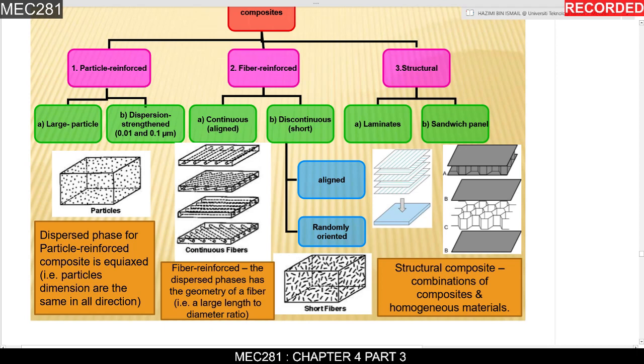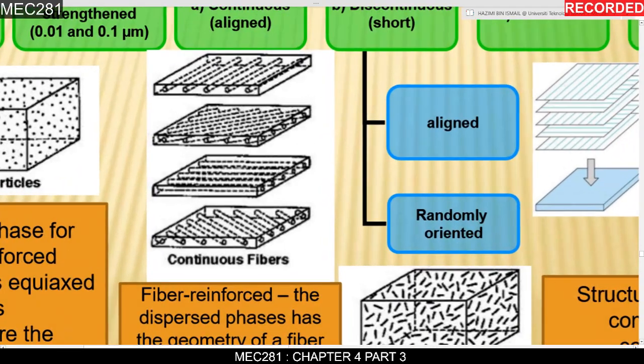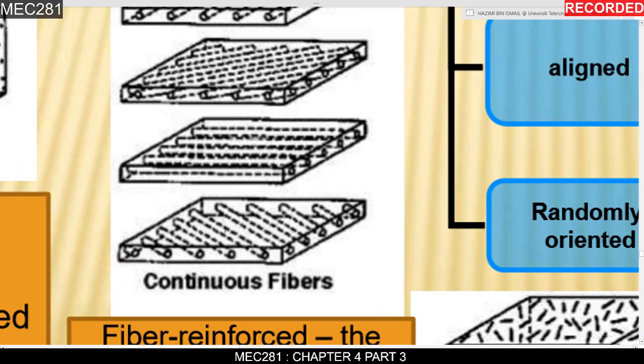So dia macam sama rata lah dan untuk segi particle dia. Okay, yang gambar rajah ni pula tunjuk fiber reinforced. Contoh ni yang besar ni. Okay, the dispersed phases has the geometry of a fiber, large length to diameter ratio. Okay, yang mana sekarang ni dispersed phases? Yang ni kan, yang macam silinder ni.